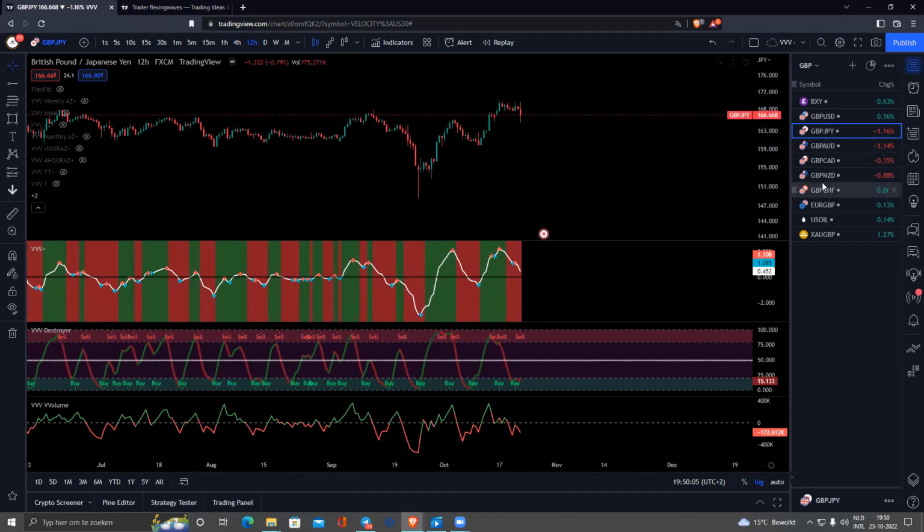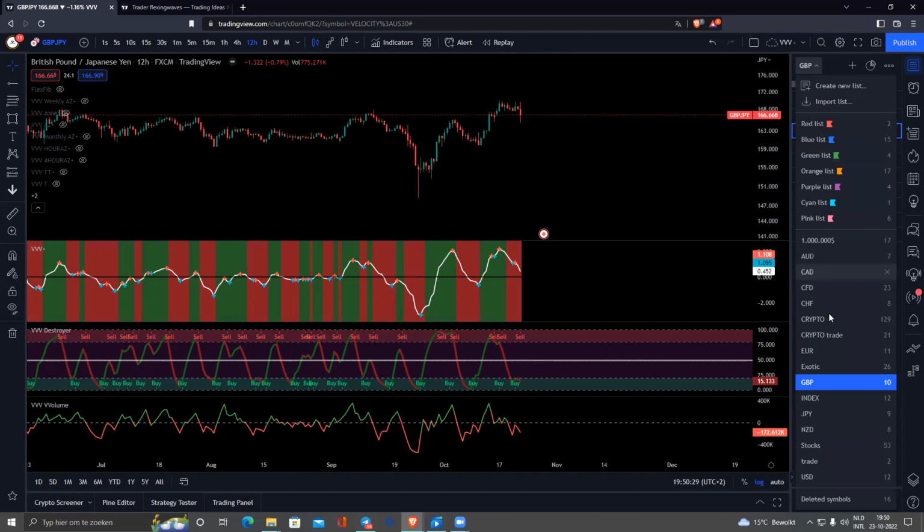If you see what is happening with the JPY, that was actually one of the only countries where there was no interest. Wait a second.